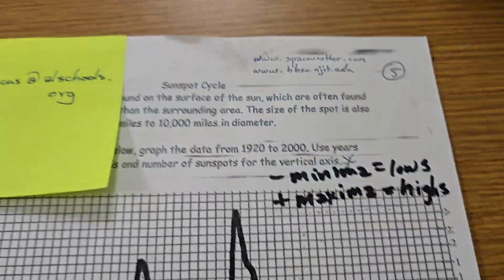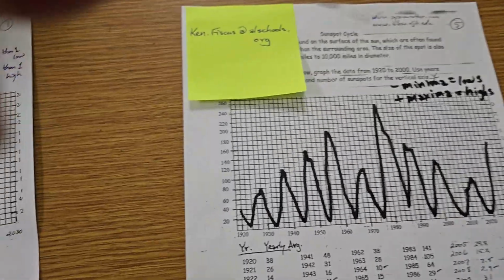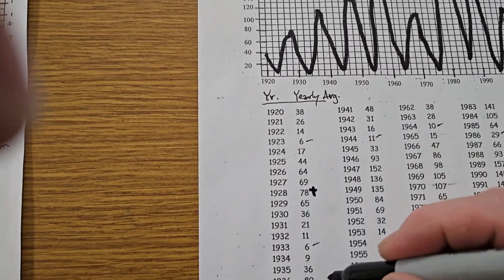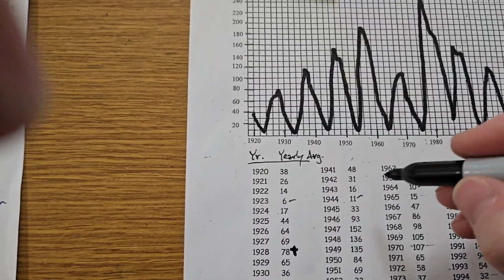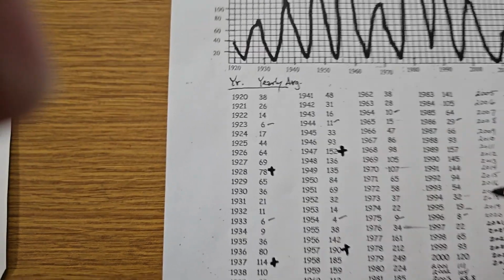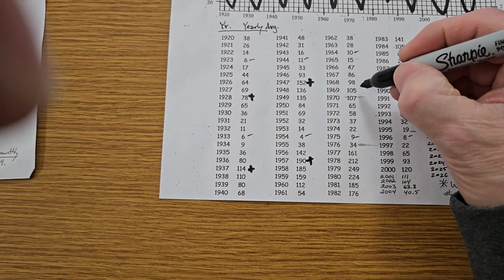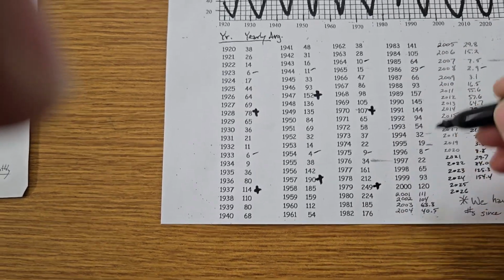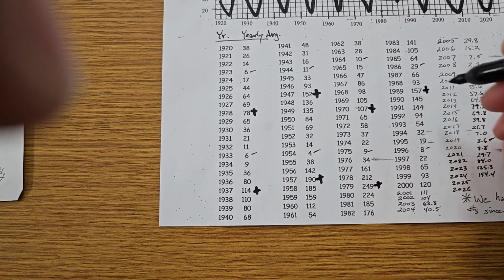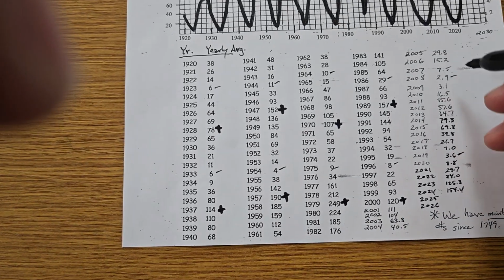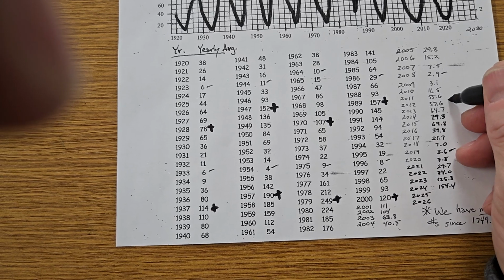Okay, so I'm going to mark those real quick. 78, 114, 152, 190, 107, let me see, 249, 157, 120, 57.